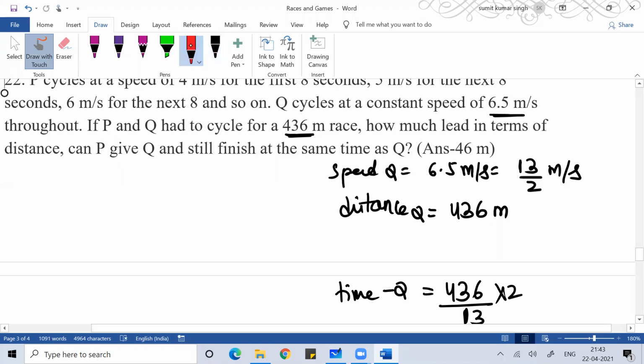So you can solve this. 3 is 39, and then if you solve this, 436 by 2 into 13.